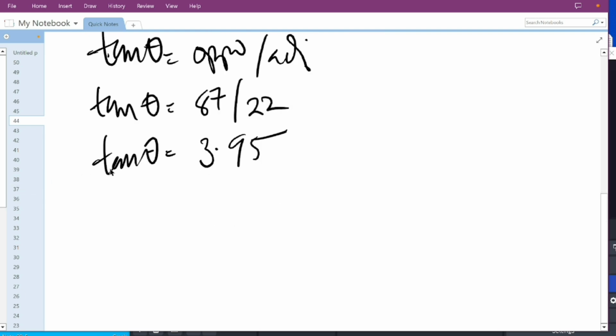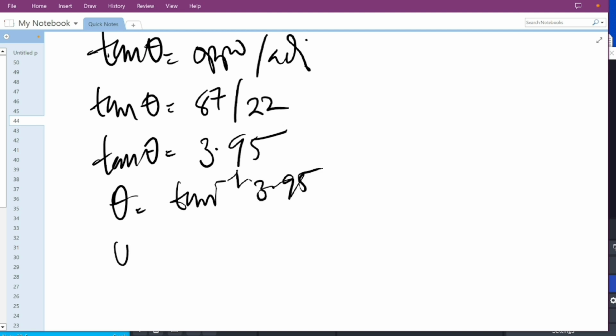Now move our tan to the other side, leaving theta behind because we're looking for our angle, which is theta. Theta equals arc tan 3.95. Using our calculator, pressing either the second function button or the shift button, we press tan, then 3.95. It gives us 75.8 degrees.